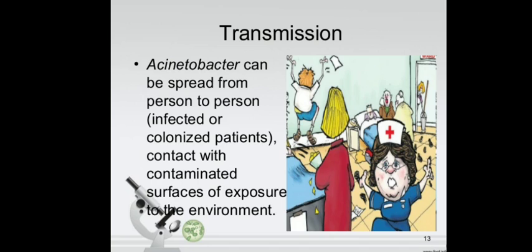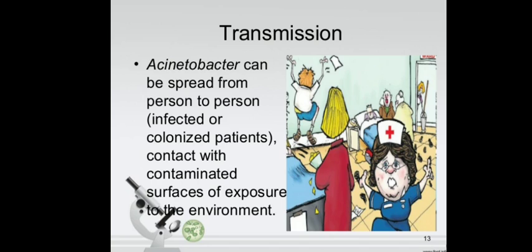Now, how can the infection caused by this organism be transmitted from one person to another, or from the patient to the healthy person? It can simply be spread from person to person by coming in contact or exposure to a surface which is contaminated with this organism.